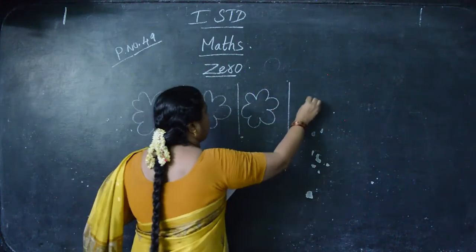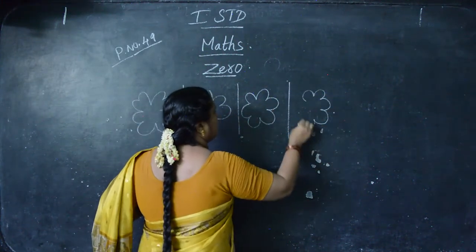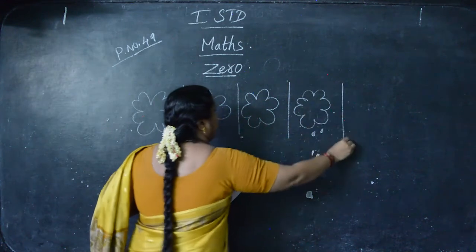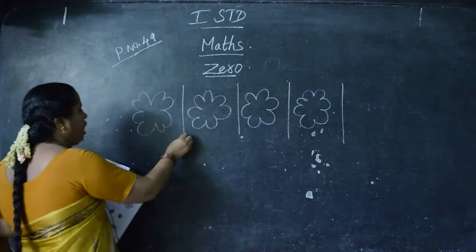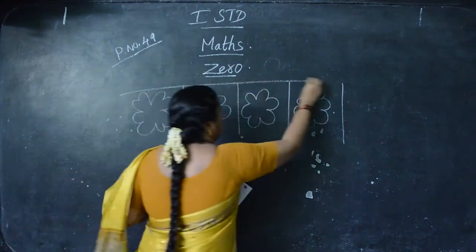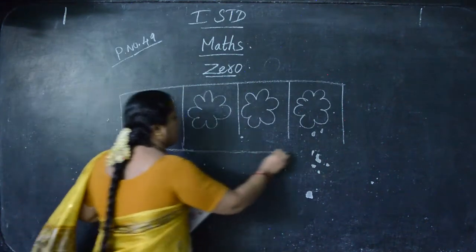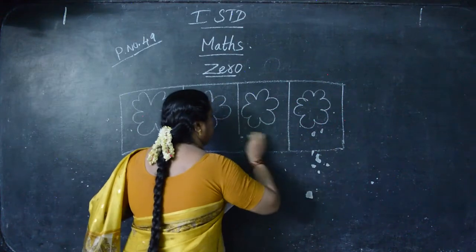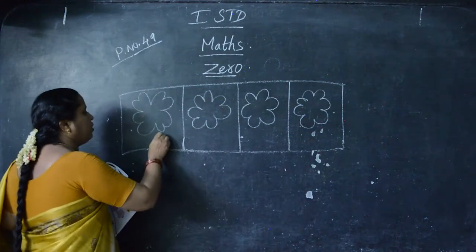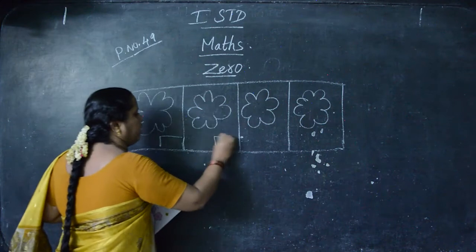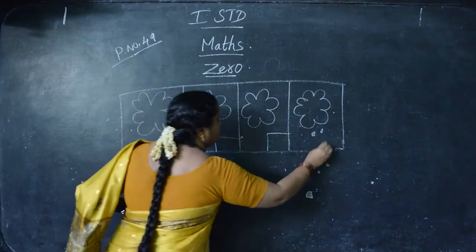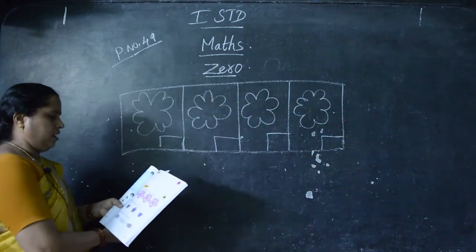This is another flower. This is 1 flower. So you have to count the butterflies in the flower and write in the box. Okay. See here. You have to write here. Write here in the box. You should count the butterflies.